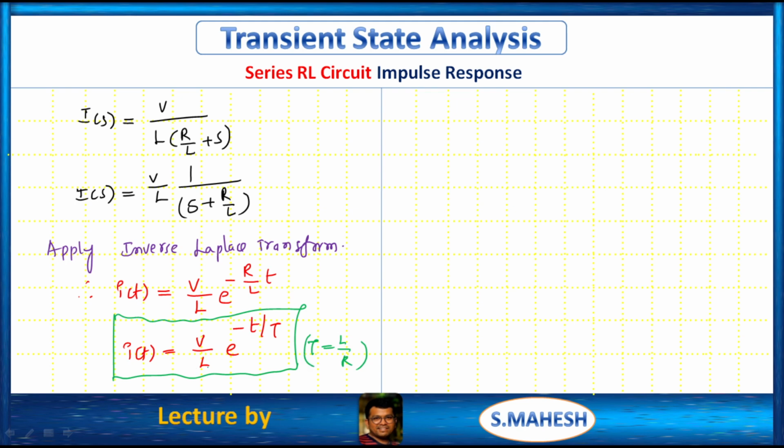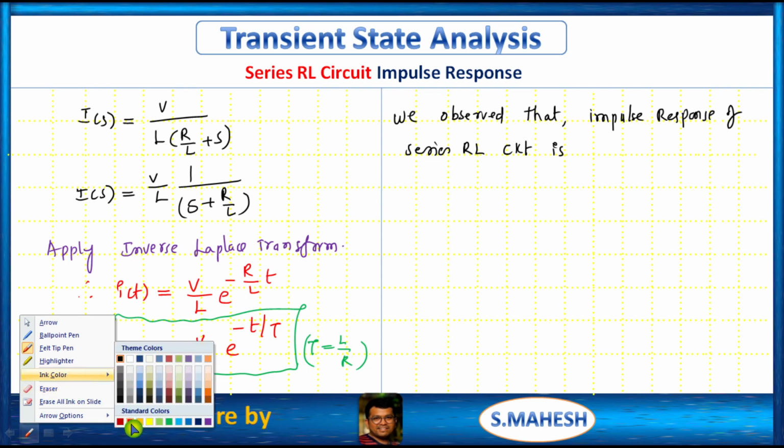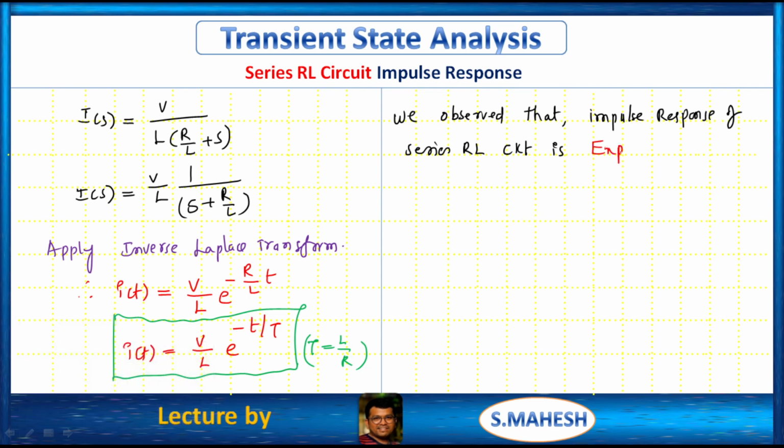That is, the response is the impulse response. We observed that the impulse response of the series RL circuit is an exponentially decaying function.